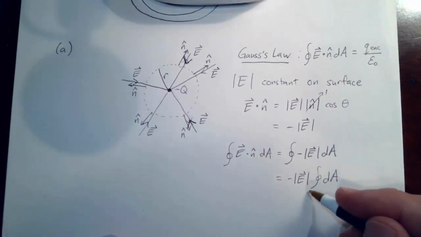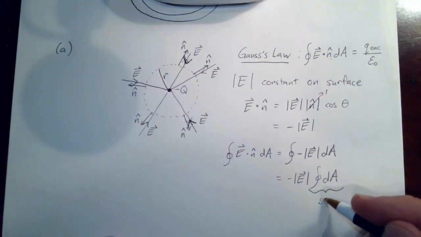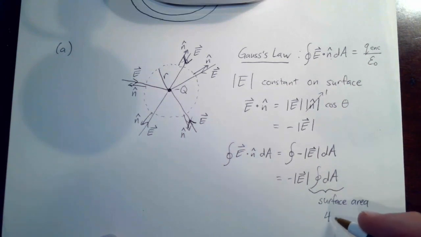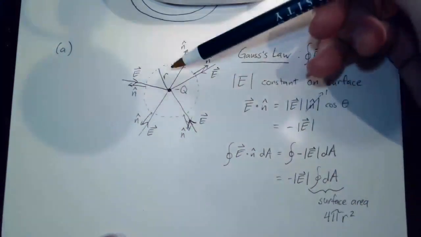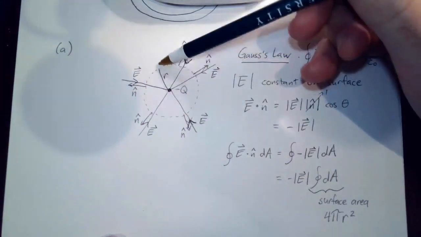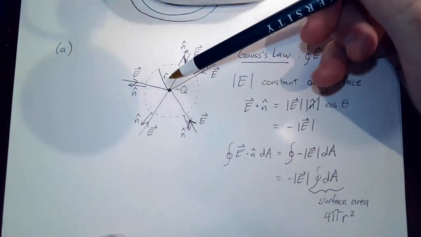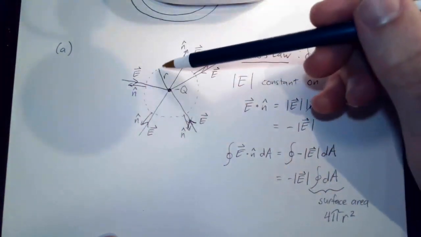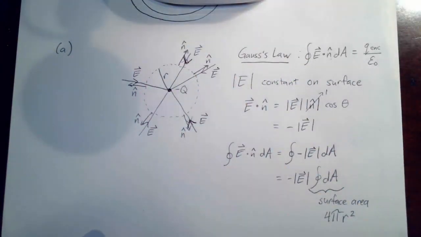So this ends up being the surface area of our Gaussian surface, which is, for a sphere, 4 pi r squared, where r is the radius of our surface. R was something that we made up, but it's less than R1 as required.